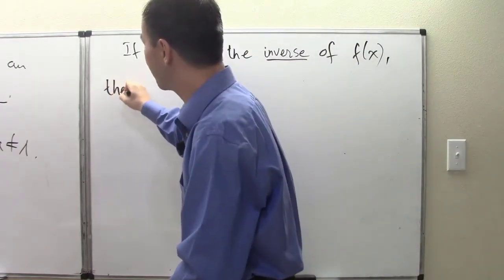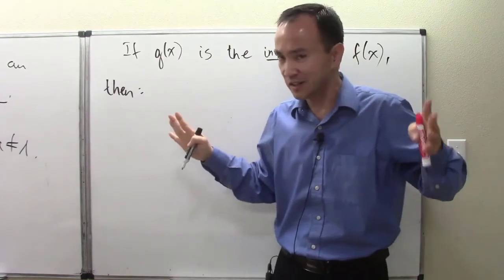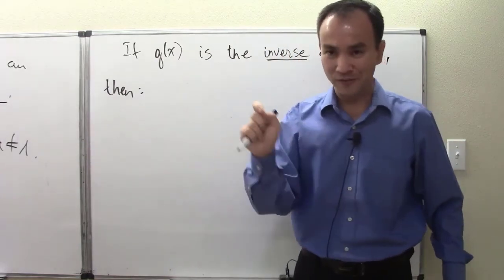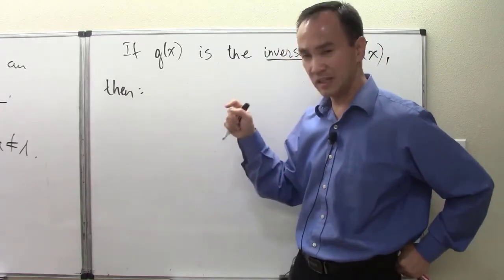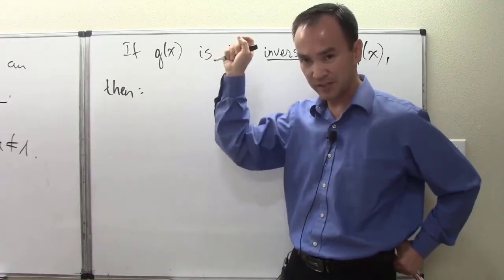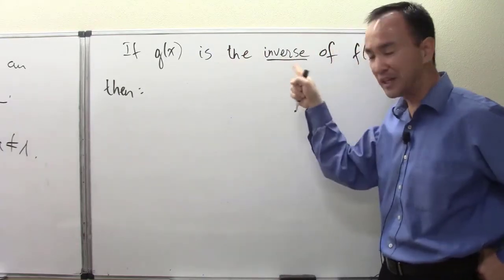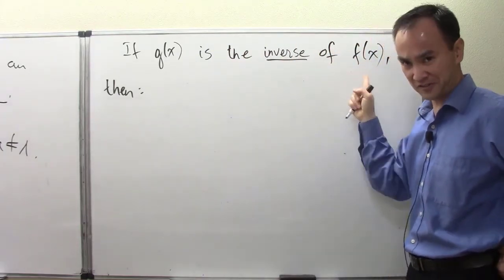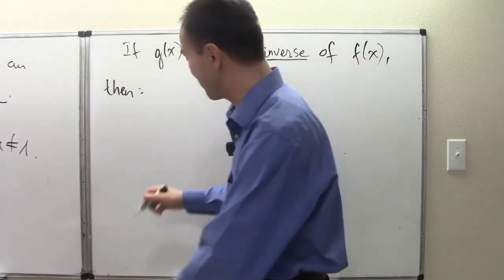It's not really a theorem, but these are details. I may word it slightly differently from when we learned about this formally. But in the end, if some function is already proven to be, or defined to be, the inverse of some other function, then the following details must always be true.